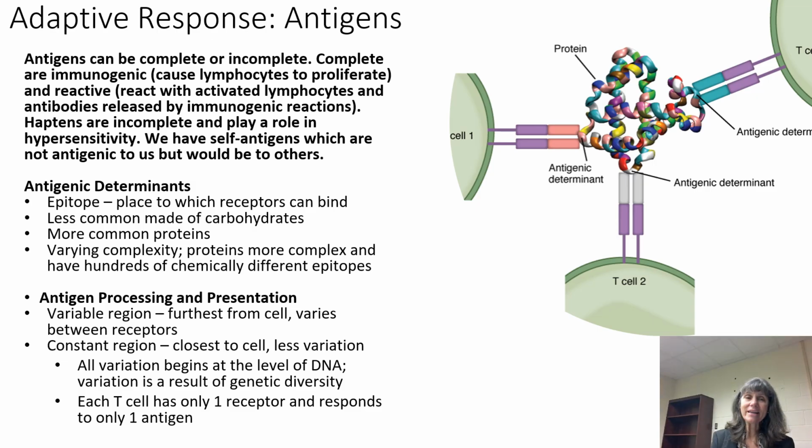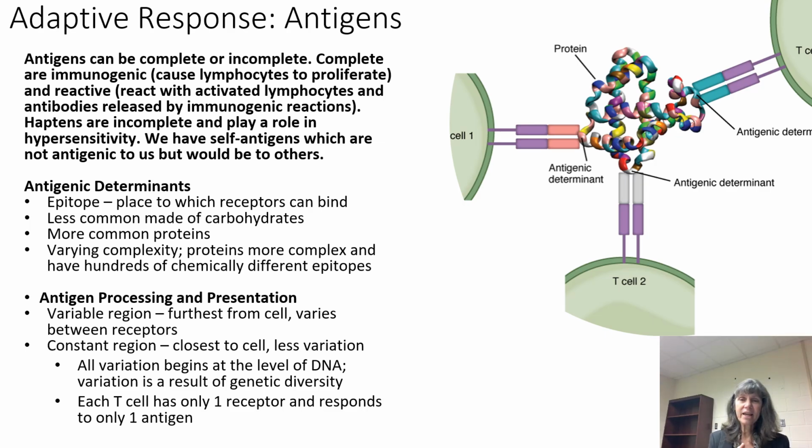Haptens are incomplete. So haptens are antigens that are incomplete. They play a role in hypersensitivity. So we have self-antigens which are not antigenic to us because they belong to us, but they would be to others. So there are different areas of the molecule known as an antigen, and we can look at these areas.